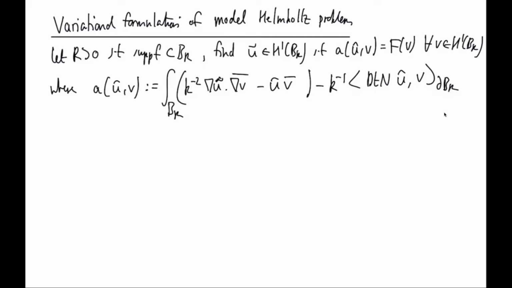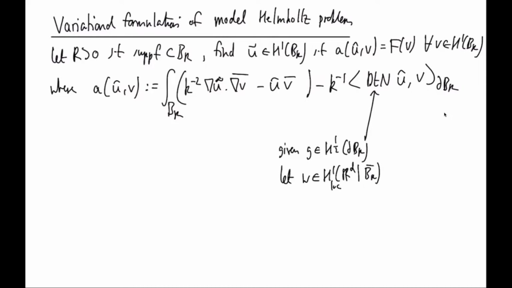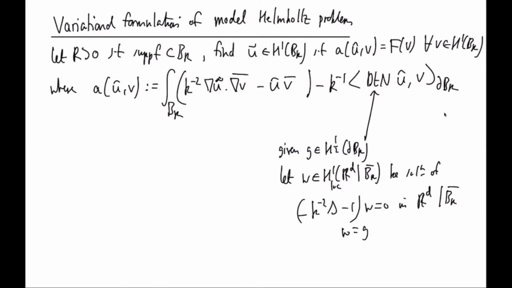Okay, so let me write that down. The definition of this map DtN is: given some function g in H^{1/2} of the boundary of the ball, let w, again in H1 locally, of the exterior of the ball, be the solution of this homogeneous Helmholtz equation in the exterior of the ball, with the trace of w being equal to g on the boundary of the ball.